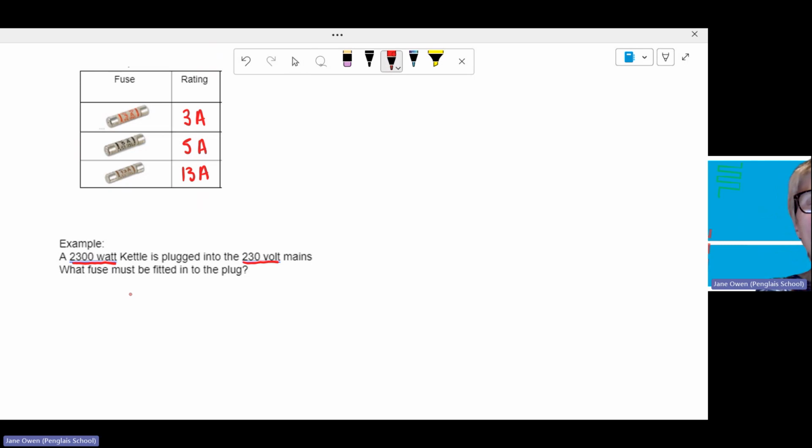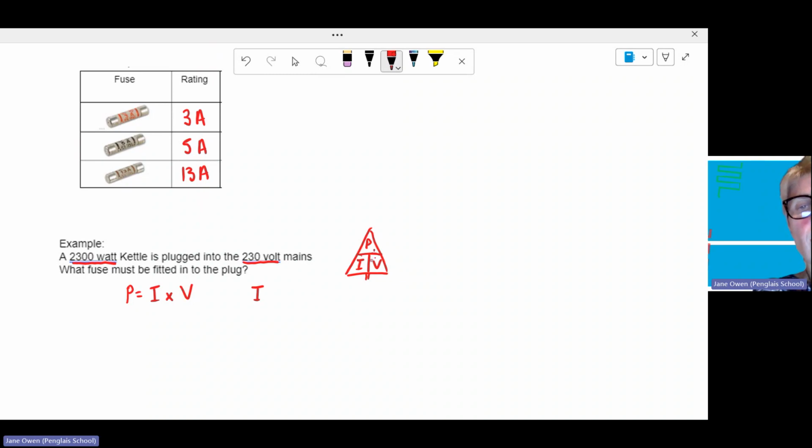So we can use another equation that we use from circuit electricity that we did before. Power equals current times by voltage. And we can rearrange that from our PIV triangle, power on top. We want to find out the current.